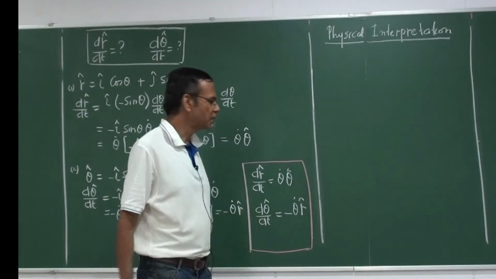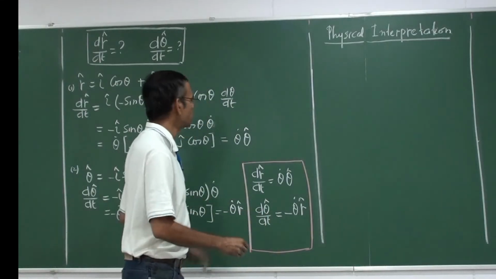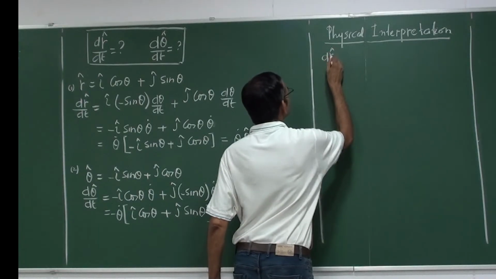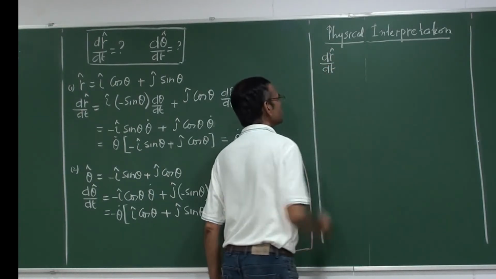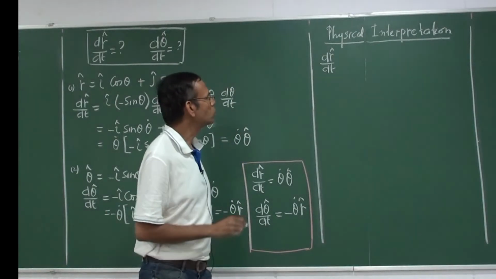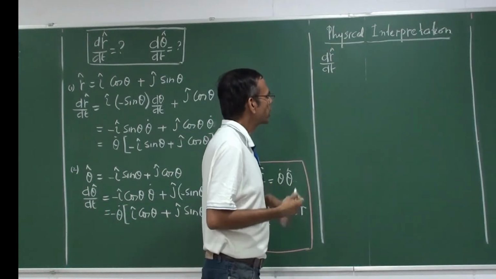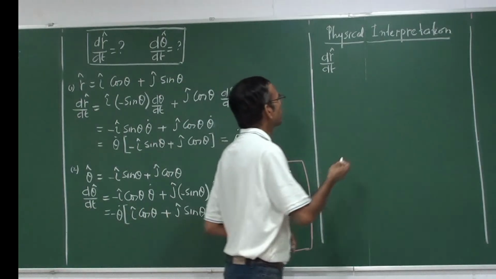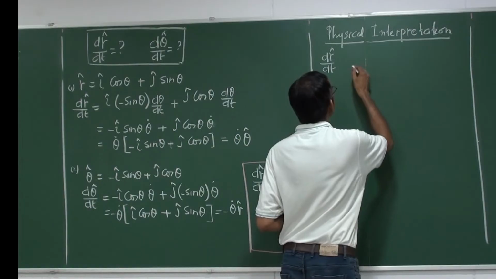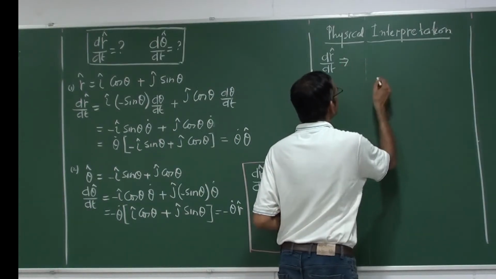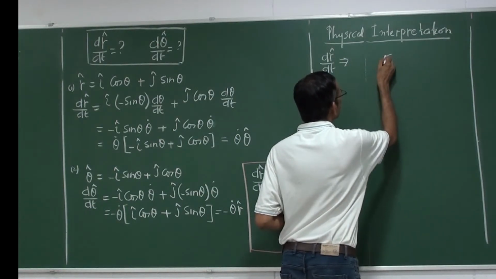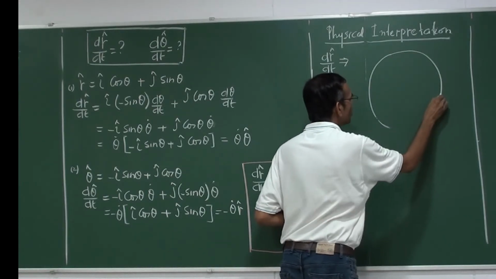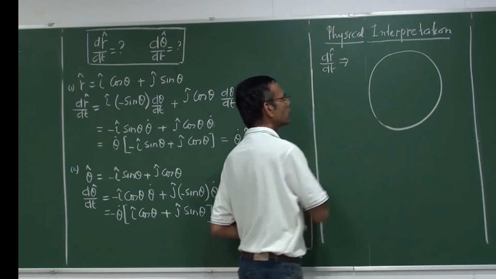What actually does it mean? The physical interpretation of that. So let us take dr cap by dt first. What we do, let me draw a circle, whatever we have studied in circular motion. So let us take a circle over here. Alright.